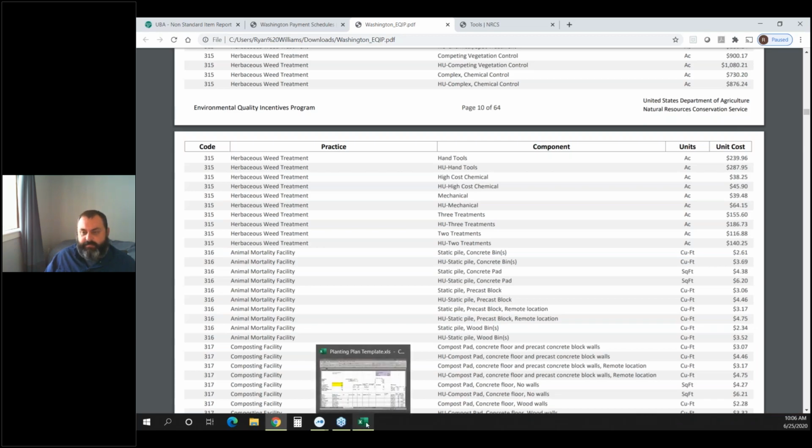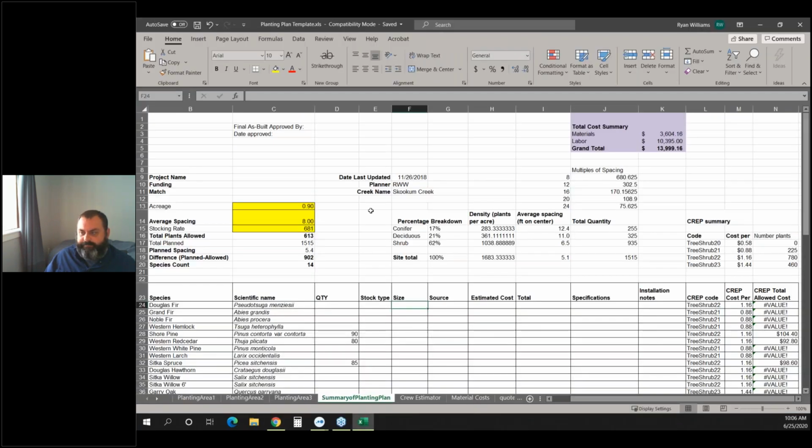And so I've created this Excel spreadsheet that helps me do a couple different things. It's pretty complicated and it's been growing over the years with input from various folks. I started this when I was at Snohomish CD with help from folks there, and then I've morphed it more once I've gotten to Mason CD.